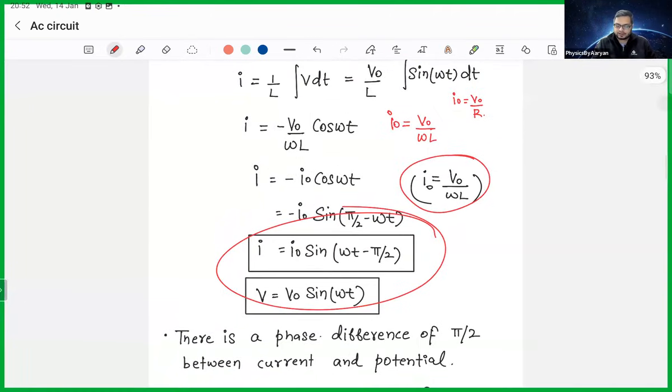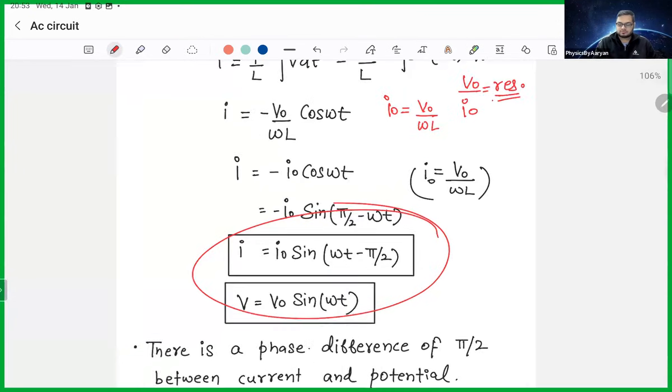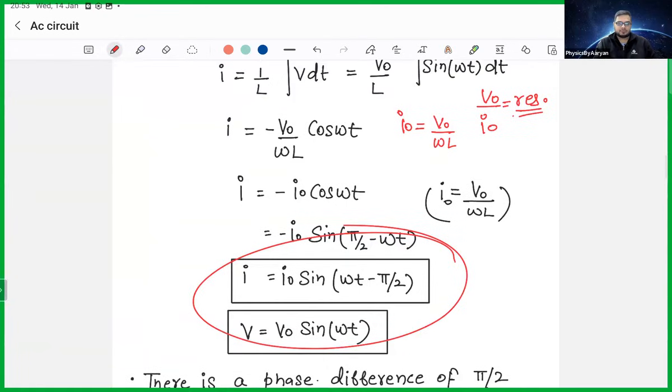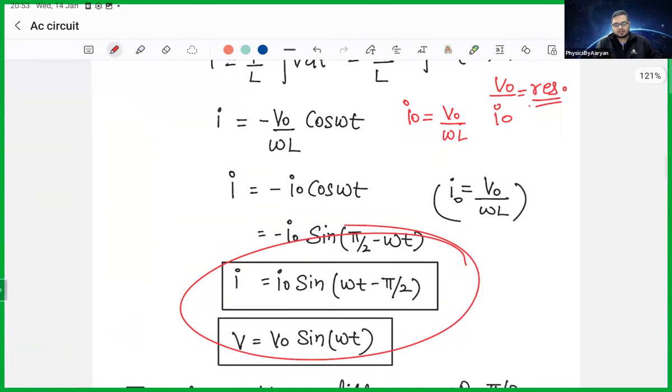Okay, a very interesting fact comes here. Can I say that V naught by I naught will be equal to the resistance? क्या मैं ये बोल सकता? Sir, can you please repeat the question?